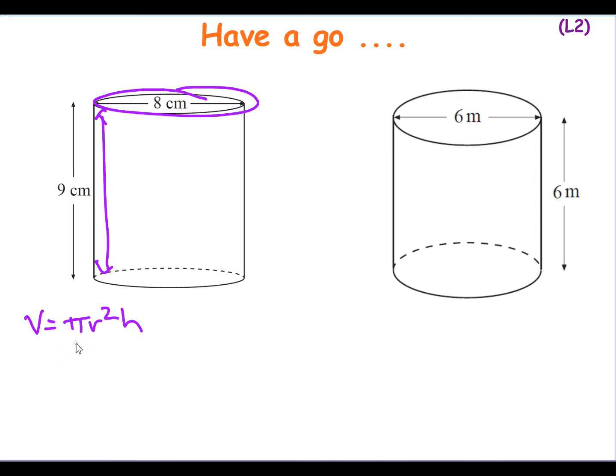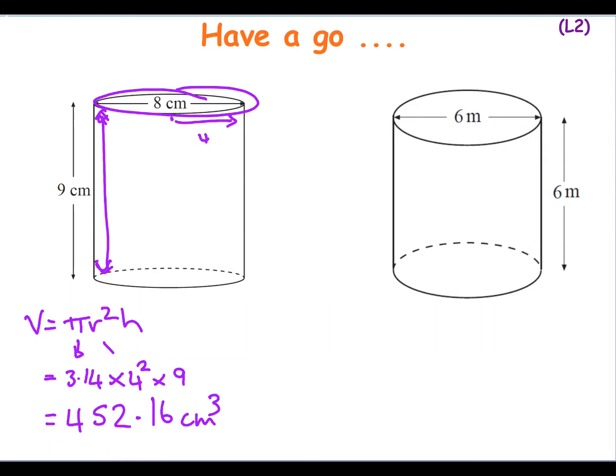So that gives us, when we do our substitution method, 3.14 is pi times the radius. Now they've given us the diameter of 8, so the radius is 4 centimeters. So it's 4 squared times the height here, which is 9 centimeters. And we can put this straight into our calculator.